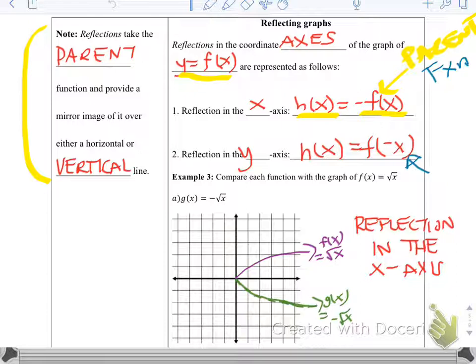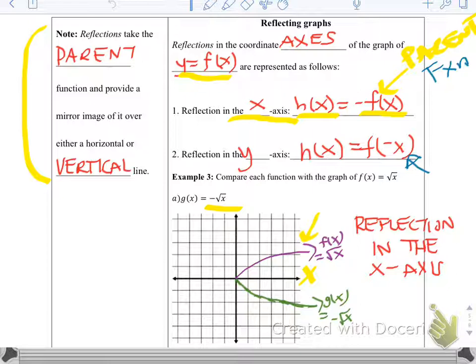Then we see that this is negative square root of x, so that means we're going to have a reflection in the x-axis. And so here's our x-axis here, and once you have those points, that's why I said it's so important to get your famous points on your parent function, because once you have those points on your parent function, then when you do the reflection in the x-axis, and we talked about this already, when we reflect in the x-axis, the x coordinate stays the same, but the y changes, right?